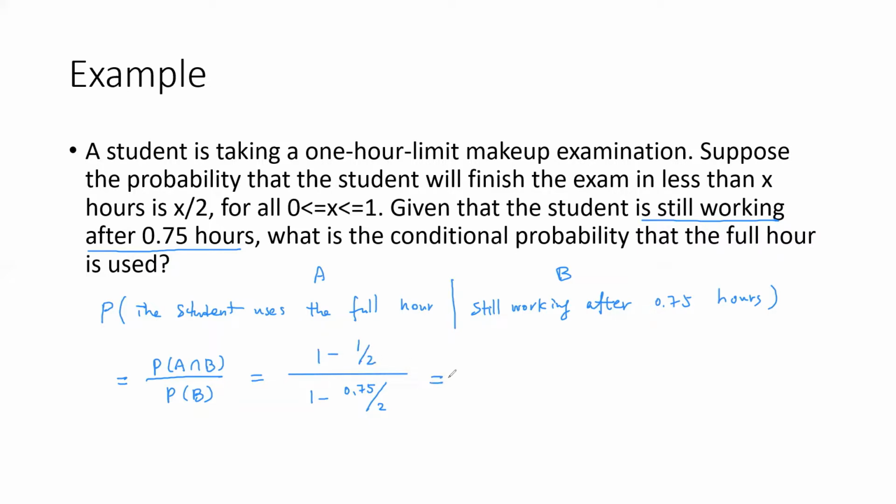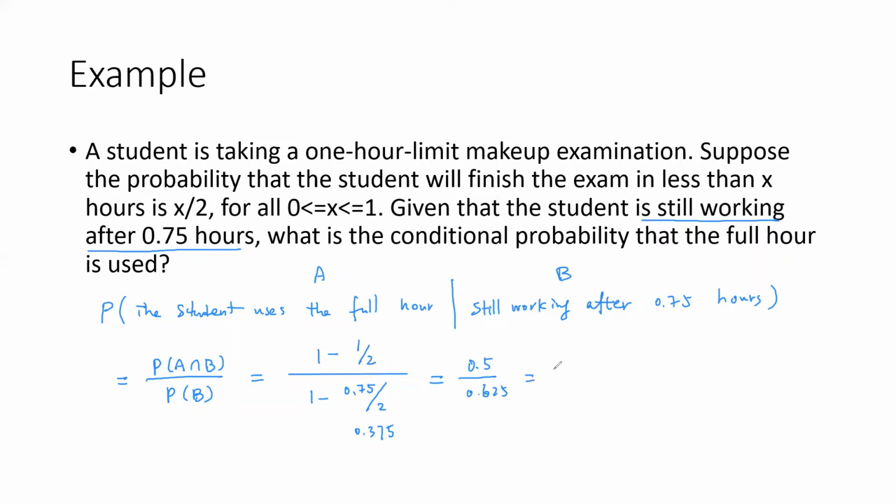All right. So we have 0.5 and 0.5 divided by the 0.375. Okay, and then 1 minus that, 6 to 5.